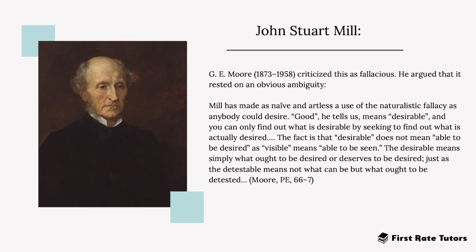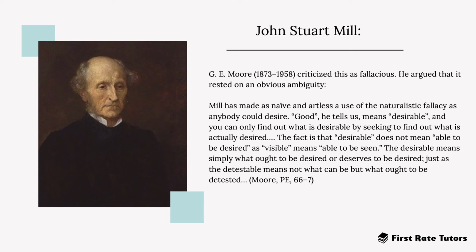G.E. Moore criticized this as fallacious. He argued that it rested on an obvious ambiguity. "Mill has made as naive and artless a use of the naturalistic fallacy as anybody could desire. Good, he tells us, means desirable, and you can only find out what is desirable by seeking to find out what is actually desired.